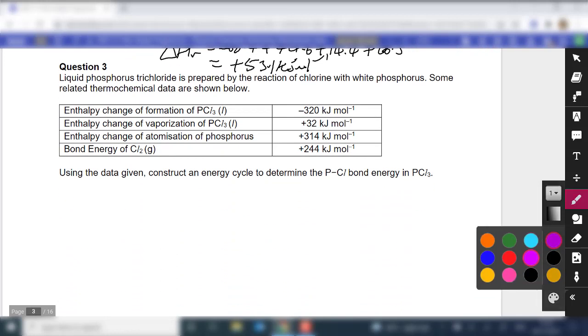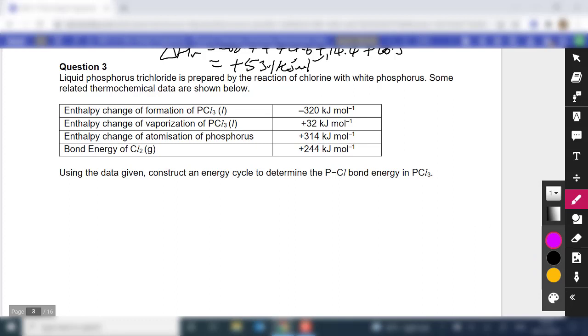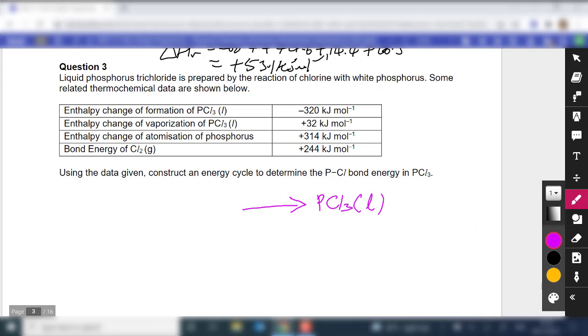Okay, so for question 3, you are given that liquid PCl3 is prepared by the reaction of chlorine with white phosphorus. So you are given some related thermochemical data here. I will just write out the definition for the enthalpy change of formation of PCl3. So this will be PCl3 liquid. The standard state of phosphorus is actually P4, in this case white phosphorus.